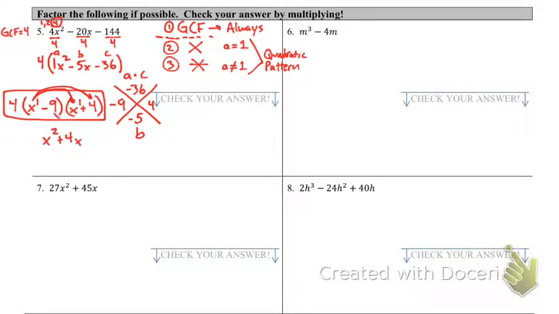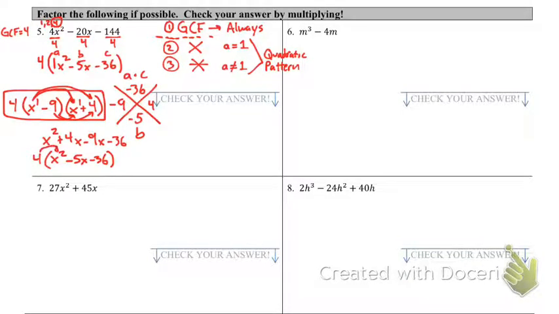So now we're going to go negative 9 times 1x. That gives me negative 9x. Negative 9 times 4 gives me negative 36. Combine these like terms, we get x squared minus 5x minus 36. And don't forget, we have to multiply in our GCF.